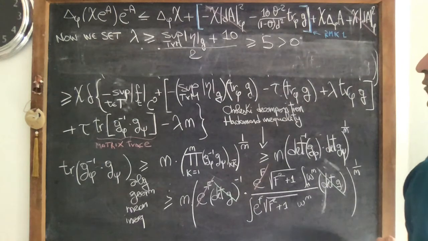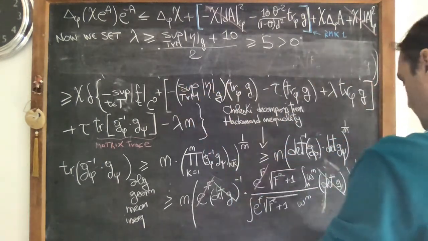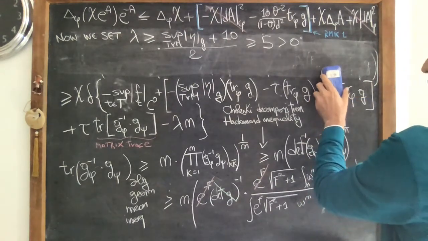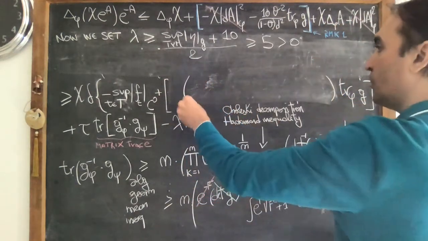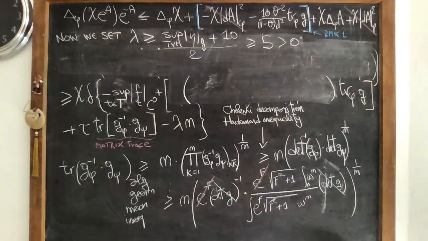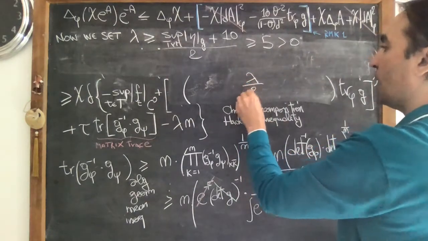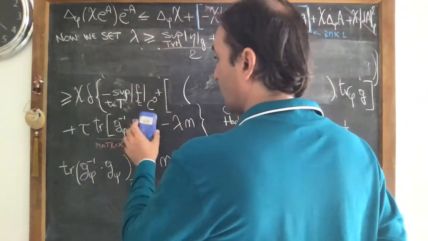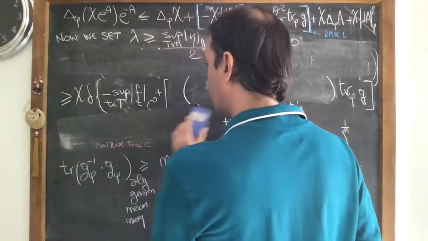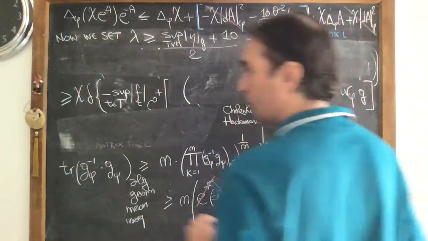Okay, so the end of the second remark is that instead of this big square bracket here, we can write a trace of G with respect to omega phi, and here we can just replace lambda over 2 because of this lower bound just set. Finally, we copy the bound we got here by means of the Cholesky and Hadamard decomposition.